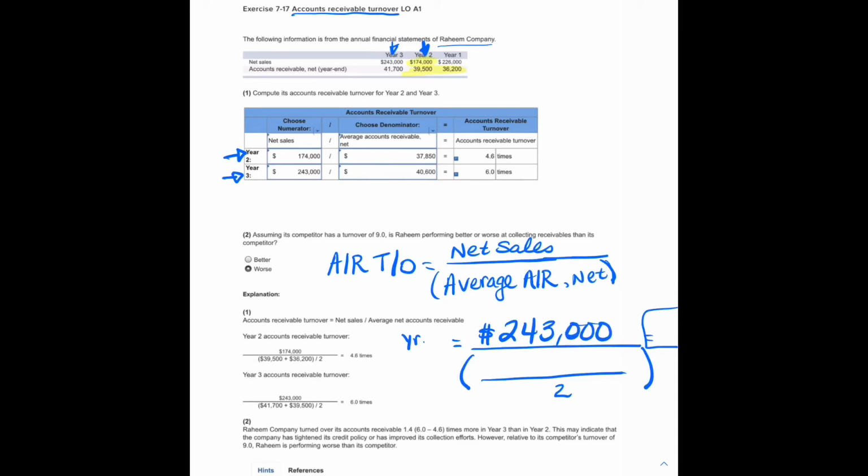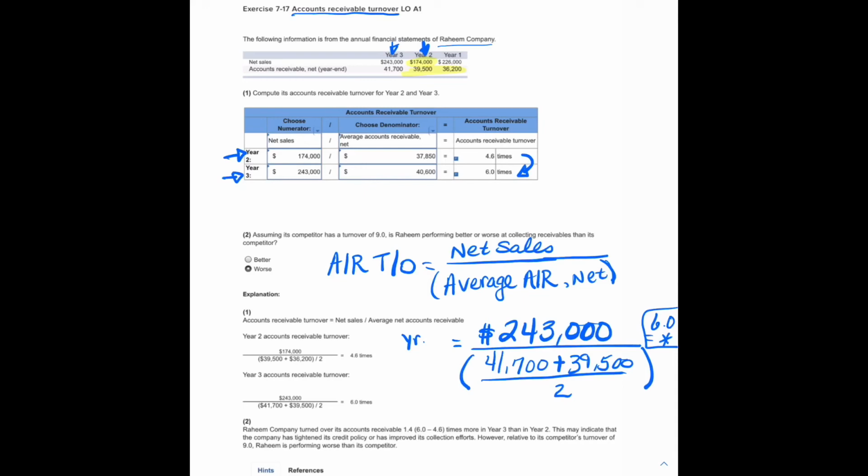I will then divide that by my accounts receivable for years 2 and year 3, by that average, and this will be $41,700 from year 3 plus $39,500 from year 2, and we'll divide that figure by 2. When I do that, I will come out to 6.0 times that I'm turning over my accounts receivable. So year over year, I went from 4.6 times to 6 times.